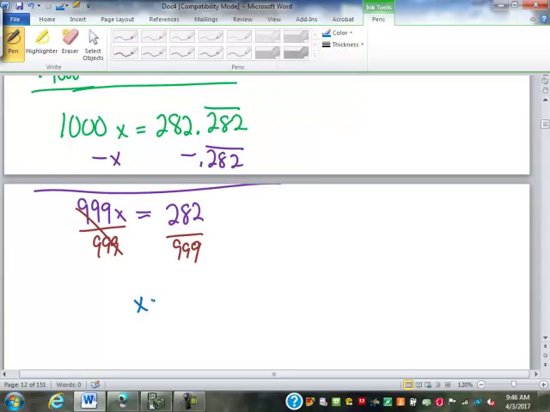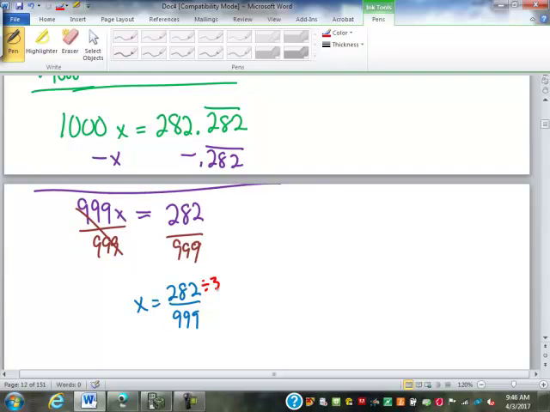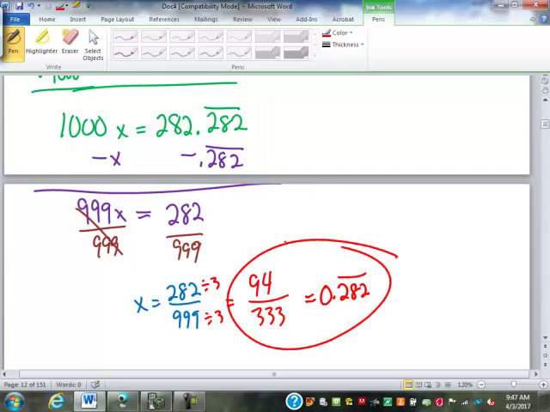So x equals 282 over 999, and we're not done yet, because both of those can divide by 3. 94 over 333, and I believe that's as far as it can be reduced. So 94 over 333 is equivalent to 0.282 repeating.